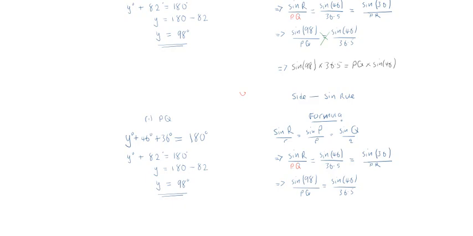Here there are several ways of solving this one. What I used to do, I'll just divide before multiplying. I'll divide by sine 46 on both sides. Where I know that this sine 46 and the sine 46 will go, I'll remain with PQ.